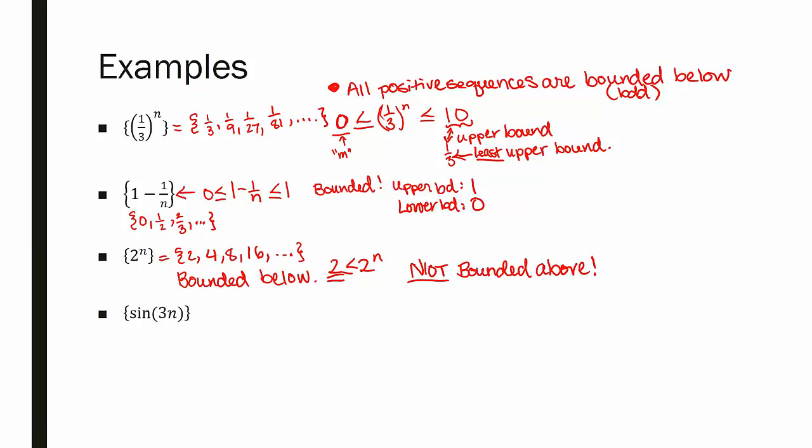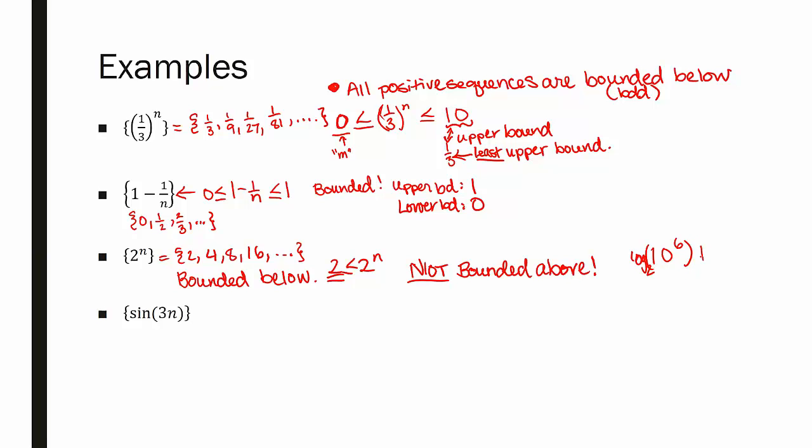I can just find a bigger power of 2 to the n. Even if I tried to come up with a number that I claim was the upper bound, I can always find a power of 2 that will be bigger than it. Say I said the upper bound was 1 million. Well then, whatever log base 2 of 1 million is, that's going to give me a number in my sequence.